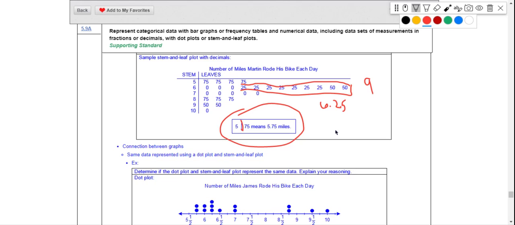Okay, now what fraction of that did he ride out of the entire time he recorded his rides? Well, he recorded how many days? 27. Okay, so he recorded 27 total days. And out of those 27 total days, 9 days he rode greater than 6 but less than 7. Okay, so that's 9/27. Or we can divide the top and the bottom by the same number.